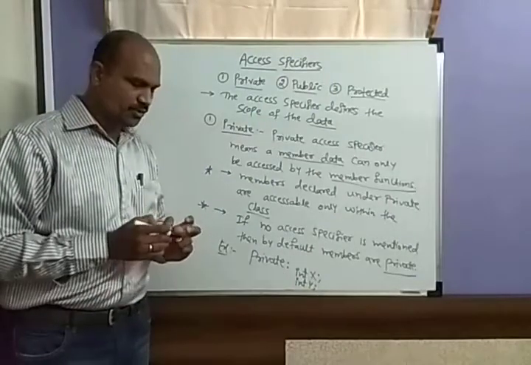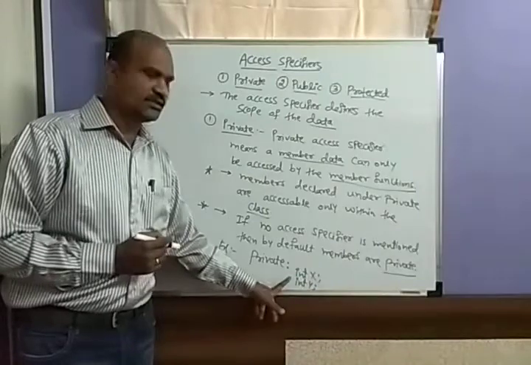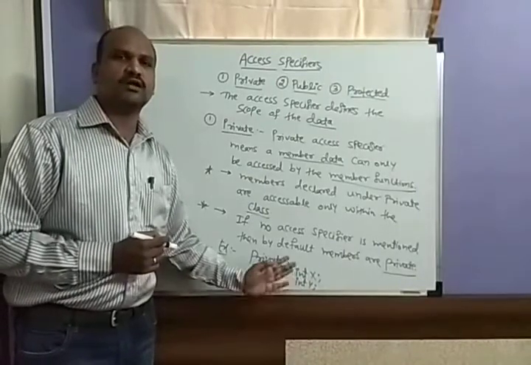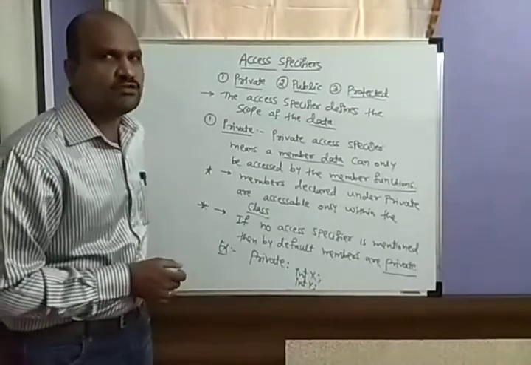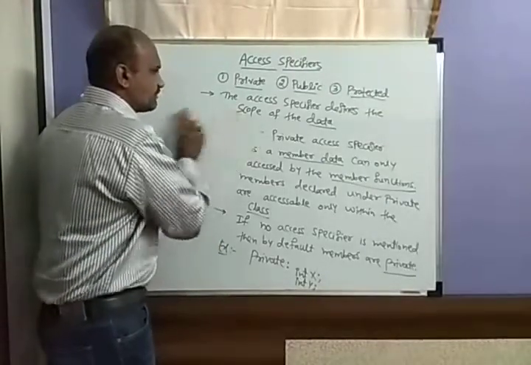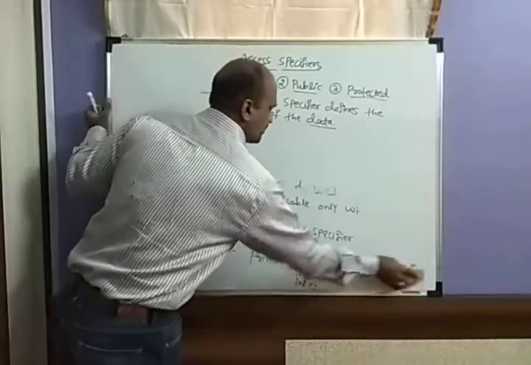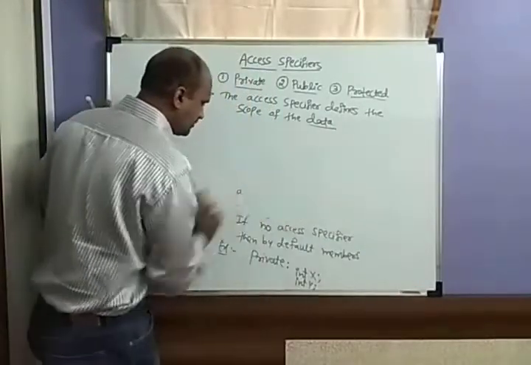This is how we define the private access specifier: private int x, int y, float y, depending on the class and program you are doing.